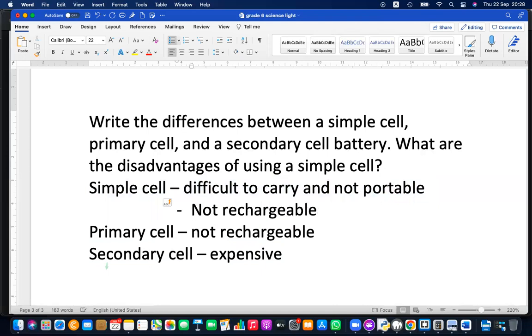And this one is basically the primary cell and secondary cell. Primary cell, simple cell, not rechargeable, but secondary cell is rechargeable, right? Expensive but rechargeable. So these are the points that you need to remember about these cells.